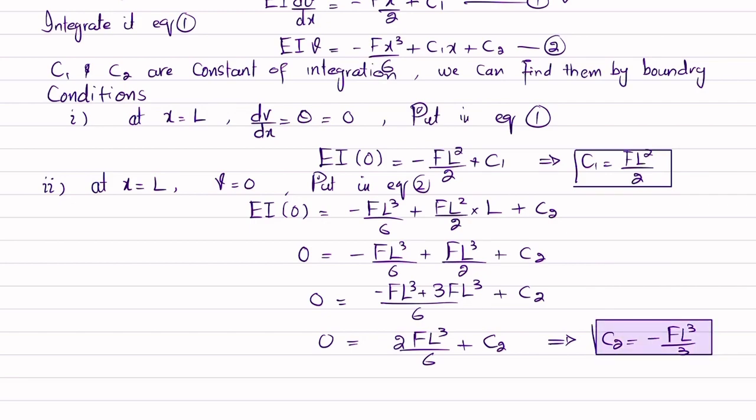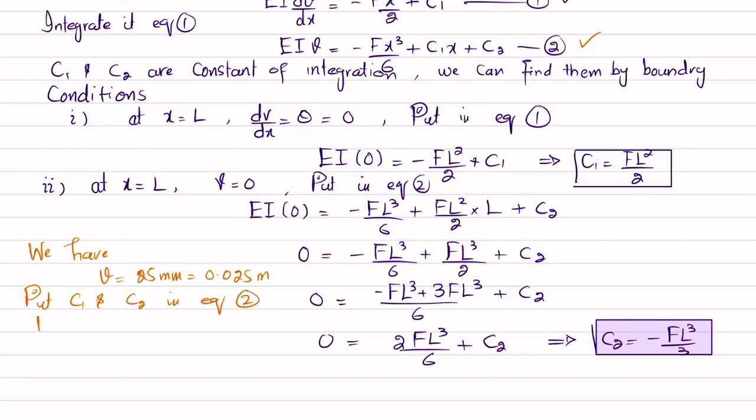Now we are interested to find out V, and we have deflection V equal to 25 millimeter, which is equal to 0.025 meter. So we will use equation number 2. Put C1 and C2 in equation number 2.